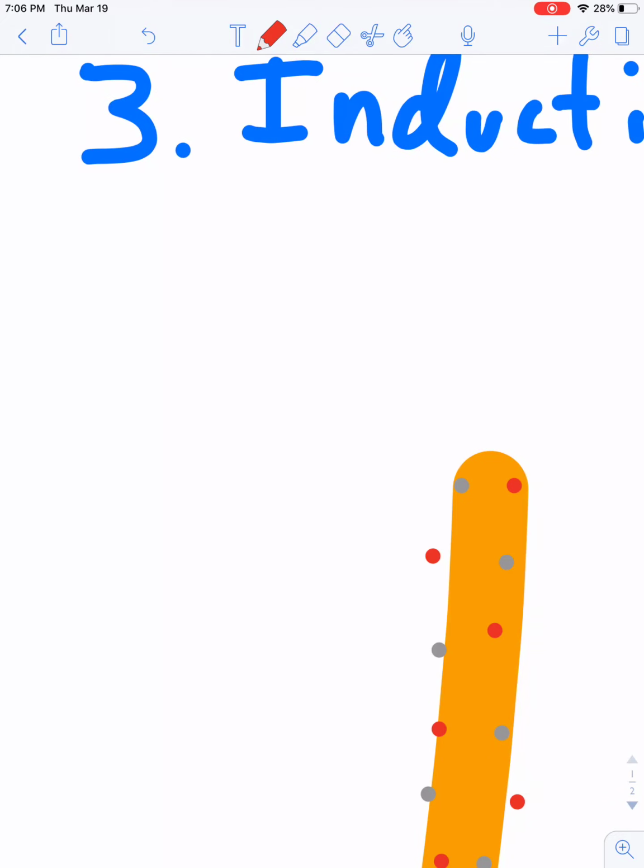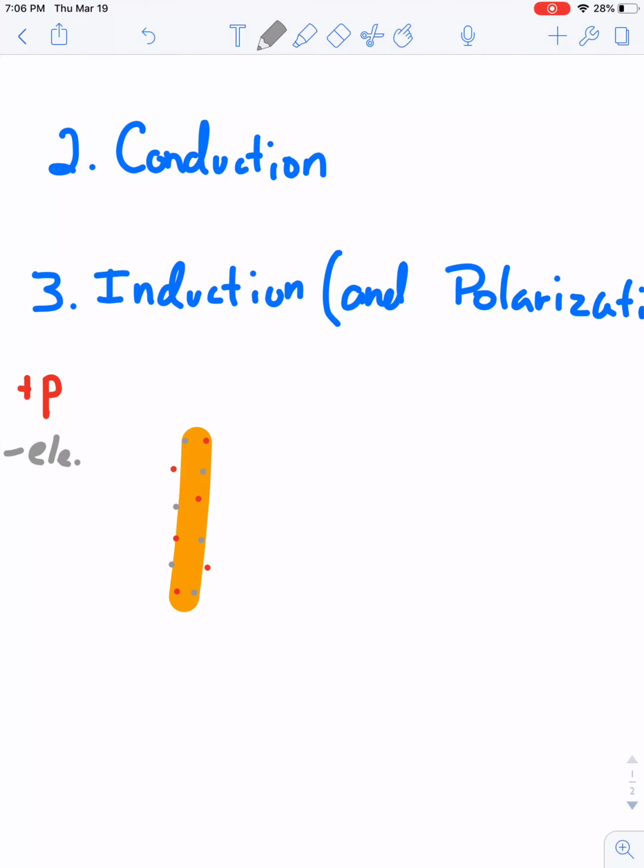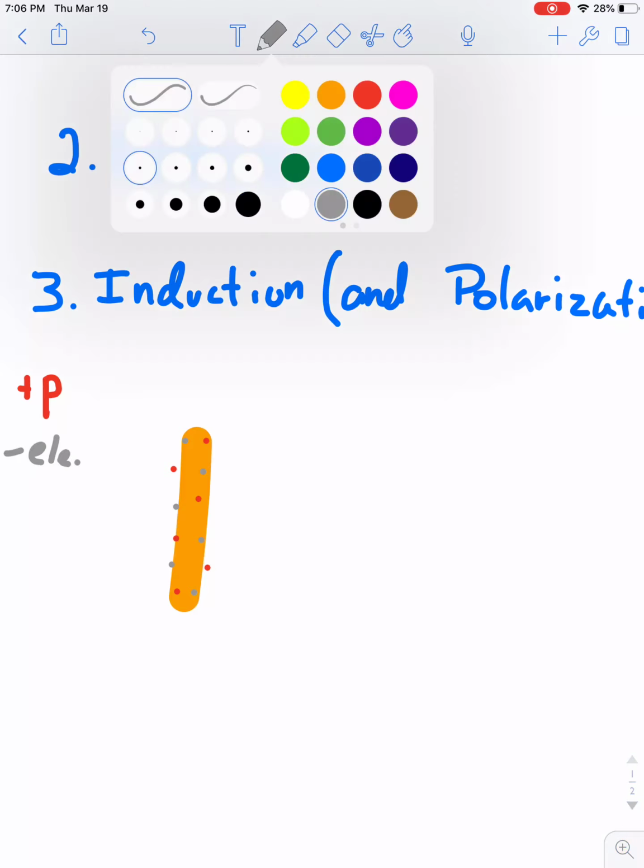I will label positive P and negative electron.